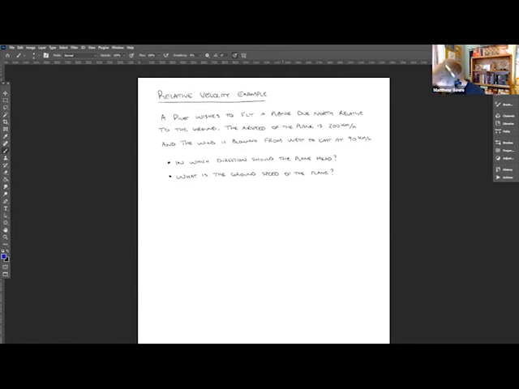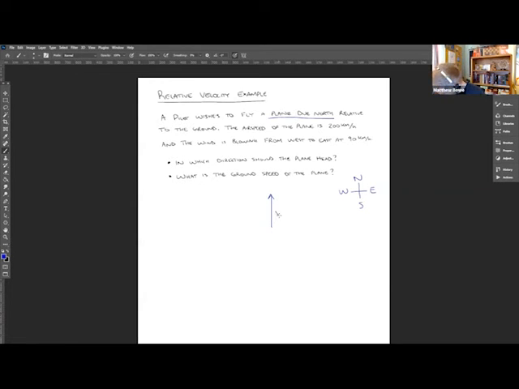Okay, so the plane wants to fly due north, so directly north. Let's put a little compass. All right, so the plane wants to go directly north, like that, relative to the ground.